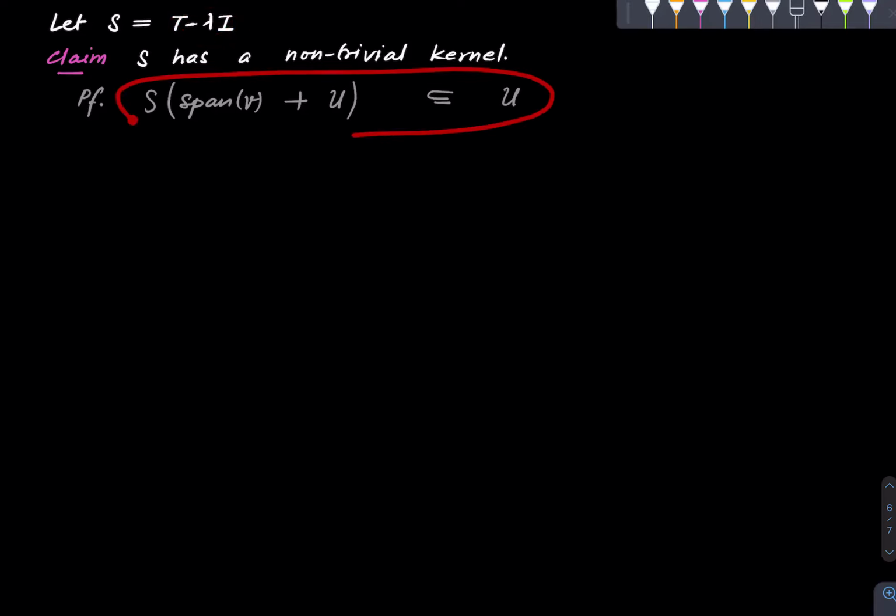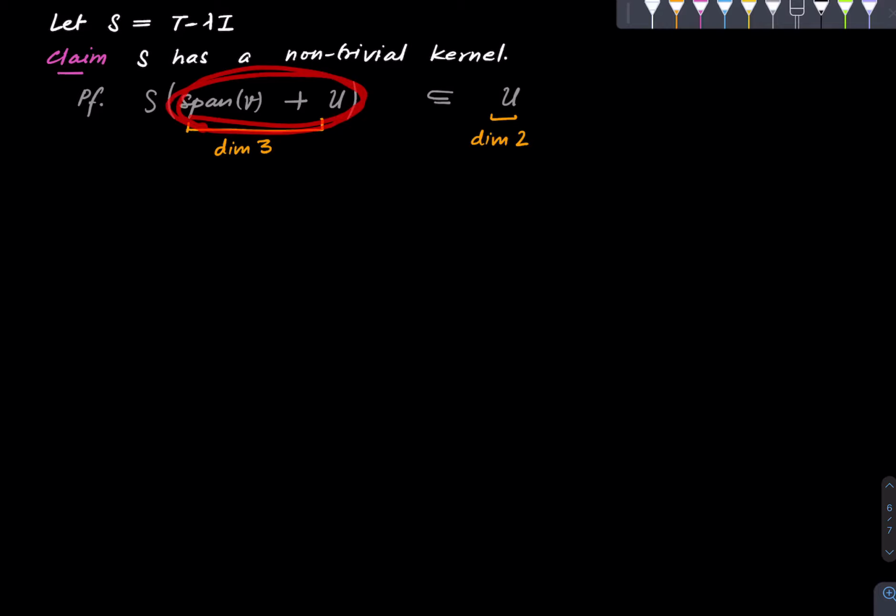So just understand this containment. We have this containment, but this is a three-dimensional thing because little v is not in U. So the dimension of this guy is 3, and the dimension of this guy is 2. So if you just restrict S to this particular subspace, S is an endomorphism of this particular subspace by restriction. We see that it is mapping a three-dimensional thing into a two-dimensional thing. And you can use rank nullity to establish that the kernel of S must be non-trivial. So that's it. That's the proof.